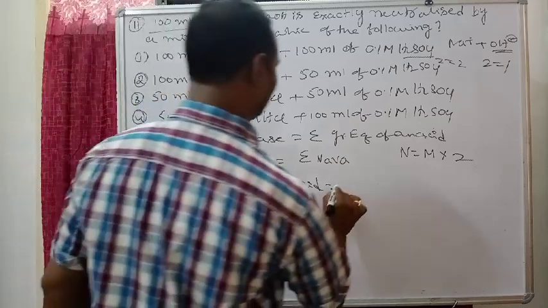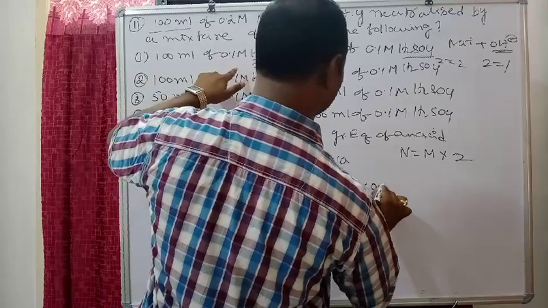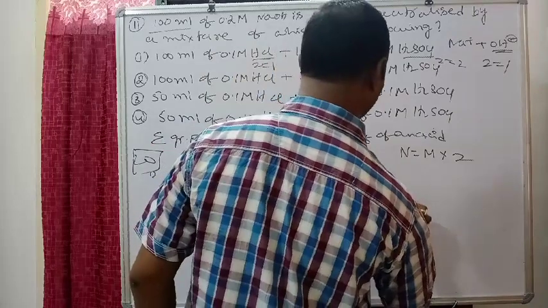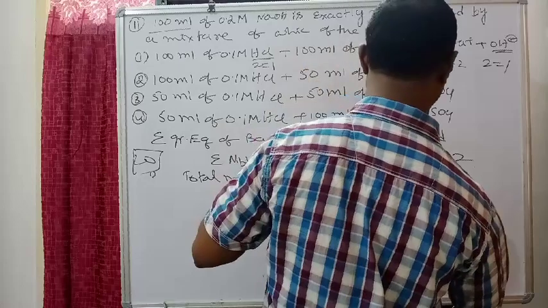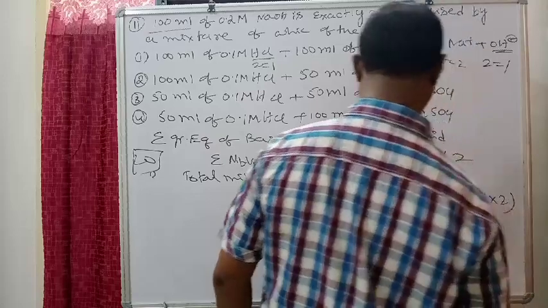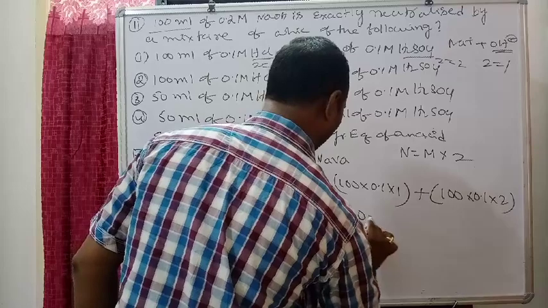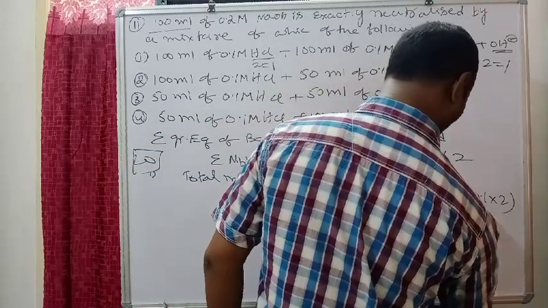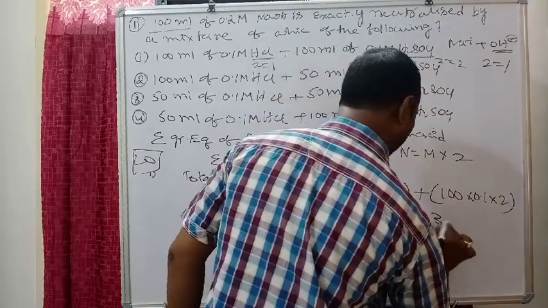First one, 100 ml into its molarity 0.1 M HCl I'm taking, into Z value 1, plus second one, 100 ml into 0.1 into 2. 0.1 into 100 is 10, and 10 into 2 is 20, altogether 30.